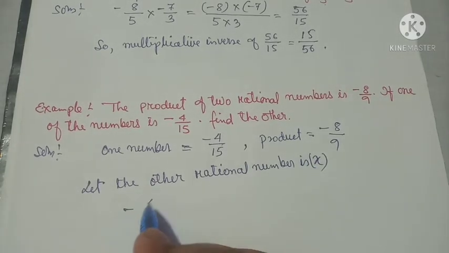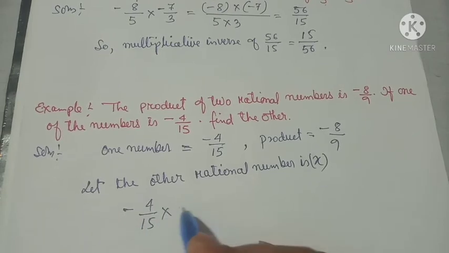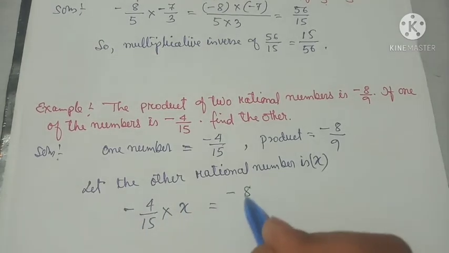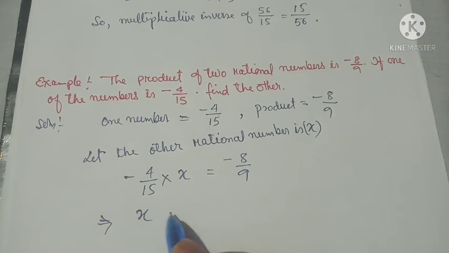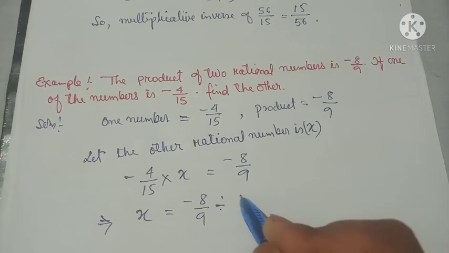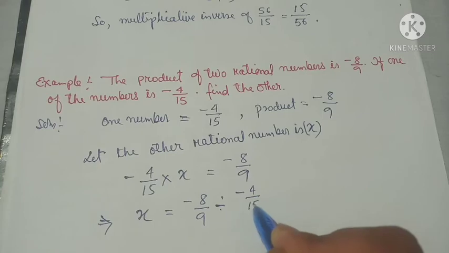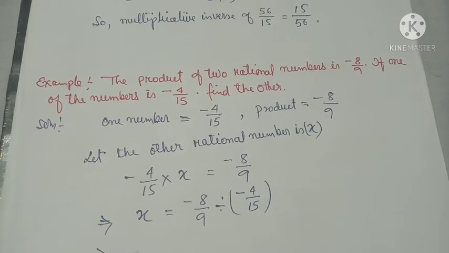So minus 4 by 15 multiplied by x gives minus 8 by 9, right? To find x, x equals minus 8 by 9 divided by minus 4 by 15. You have to take the reciprocal: the divide sign changes into multiply, and minus 4 by 15 becomes its reciprocal, 15 by minus 4.